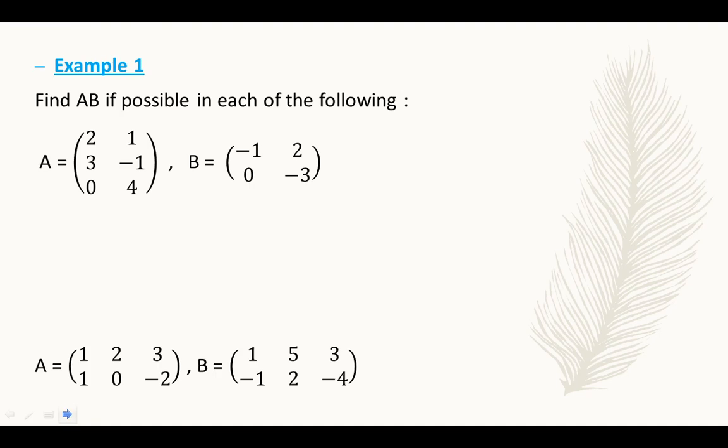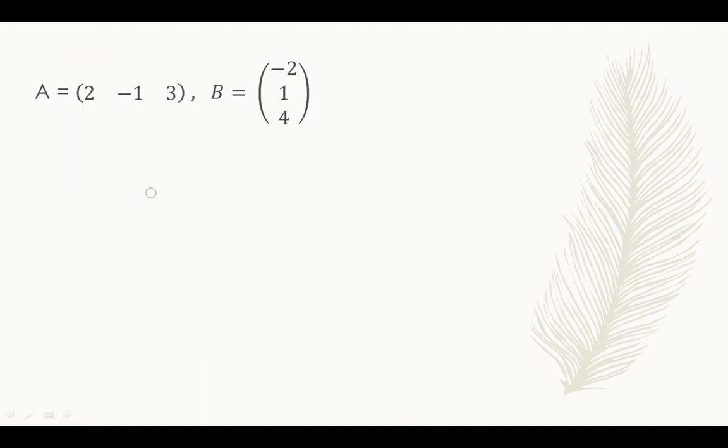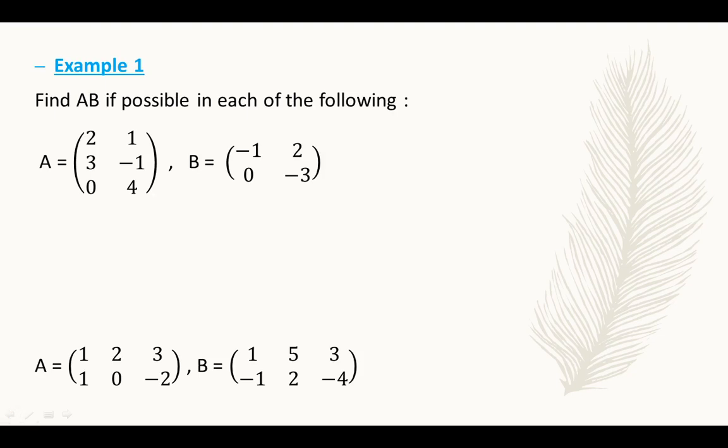Example 1: find AB, or A times B, if possible in each of the following. Here the matrix A is formed from 3 rows and 2 columns, so it is of order 3 times 2. And the matrix B is of order 2 times 2.